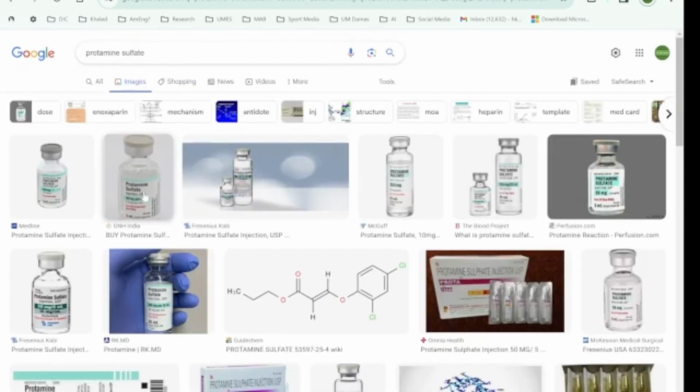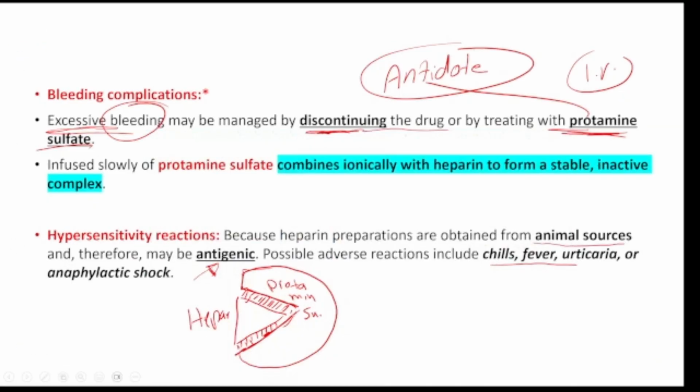So you can see the protamine sulfate injection here as antidote for heparin overdose or heparin bleeding. We need to remember, if the patient suffers from bleeding due to heparin therapy, the antidote will be protamine sulfate.